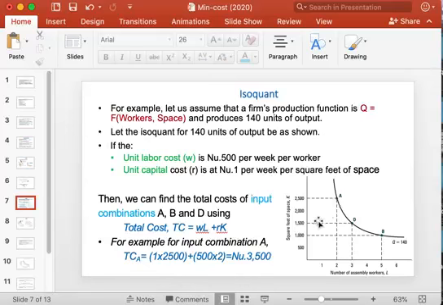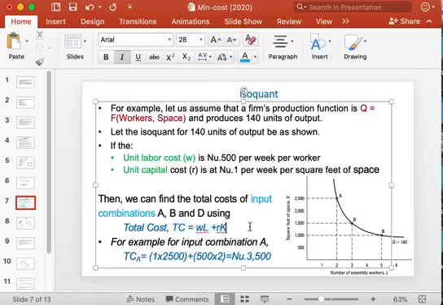For this input combination A, we can find out the total cost using this formula. Total cost is straightforward: it is equal to unit rate of labor times the quantity of labor plus unit rate of capital times the quantity of capital.